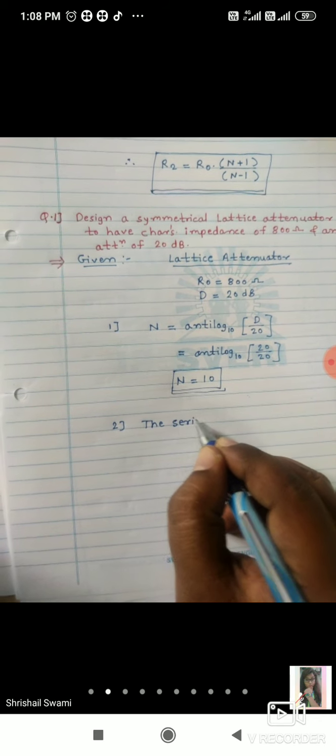Once we get n, we get the series arm element. The series arm element of the lattice attenuator is given by, you can underline series arm.